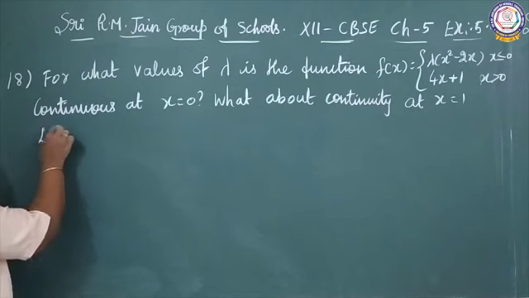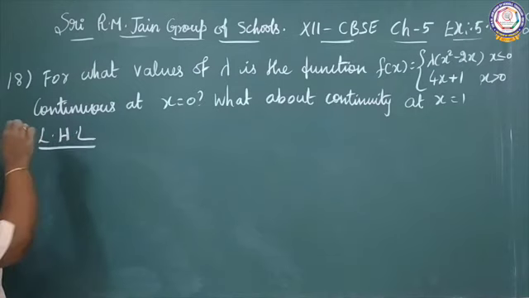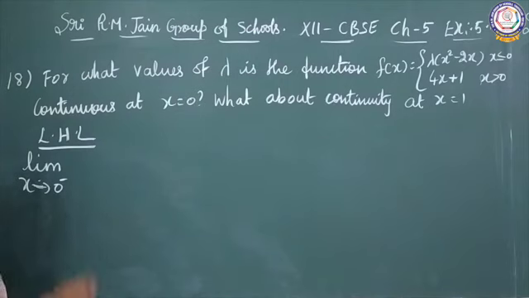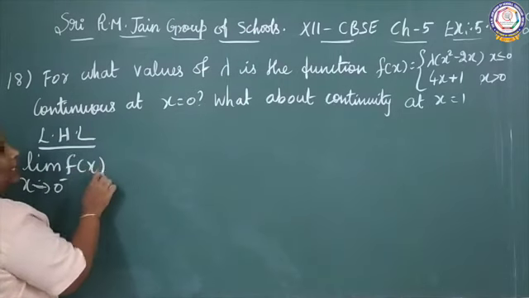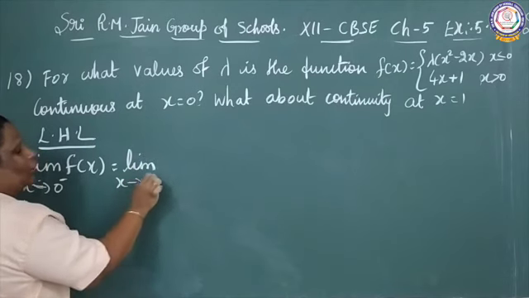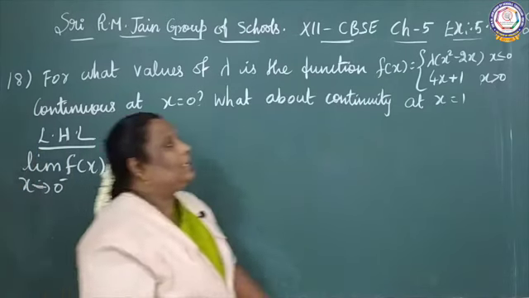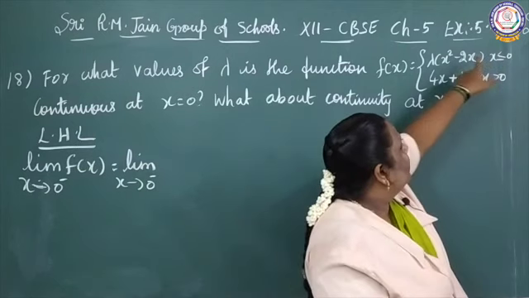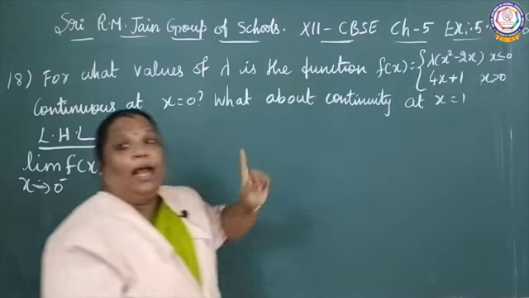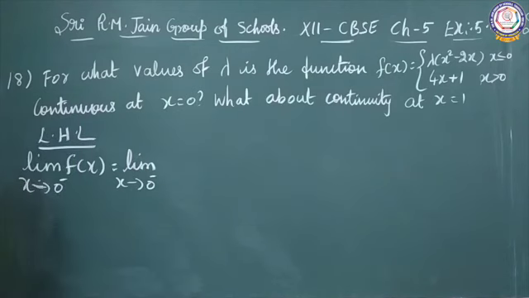You will check it first. We'll check the left hand limit, limit x tends to 0 minus f of x. For x less than or equal to 0, the value is lambda x square minus 2x.